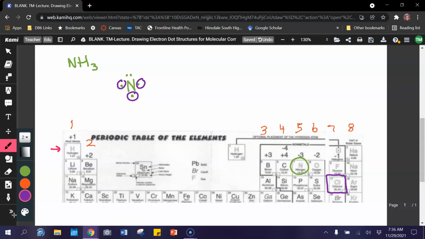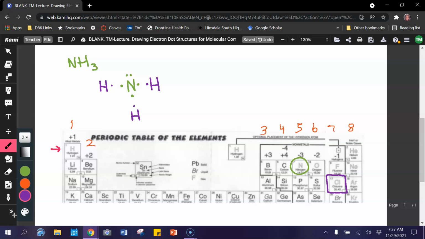It needs to share its 3 electrons with the other atoms in the compound. So now I'm going to draw my 3 hydrogens, and I'm going to put them on the same side as I drew my unpaired electrons for nitrogen.